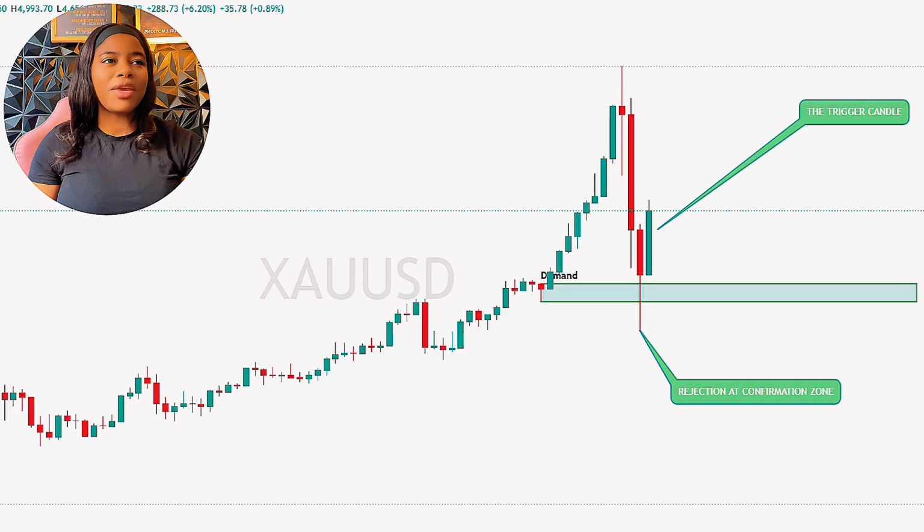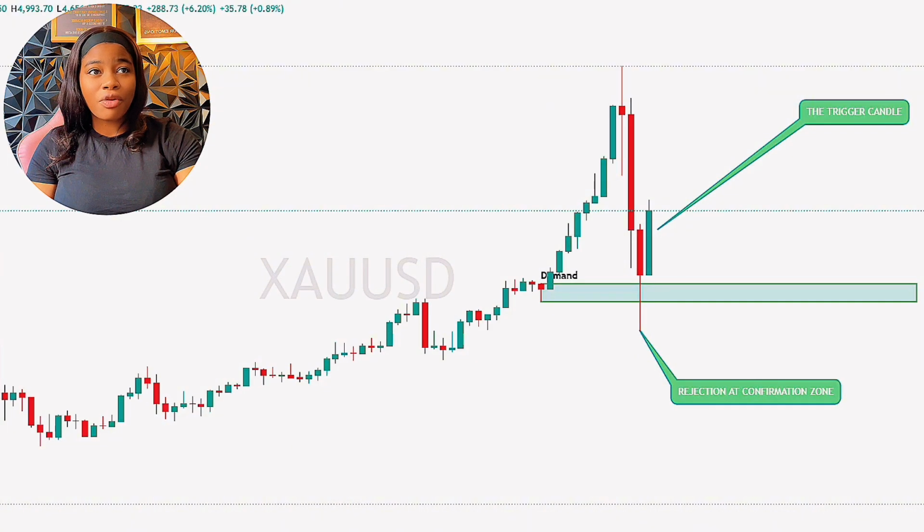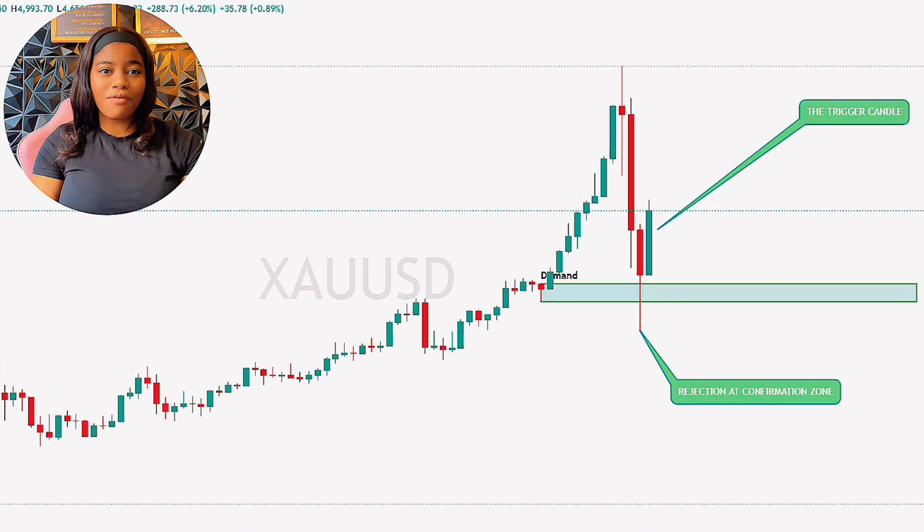So I want you to be in a place where you align all of these 3 and then you execute, right? When it all aligns, you have no more reason to hesitate because you've already done the work of looking at the trend, finding your territory, waiting for a reaction there, and getting that trigger confirmation. So why wait?